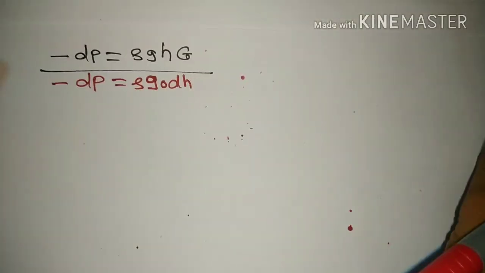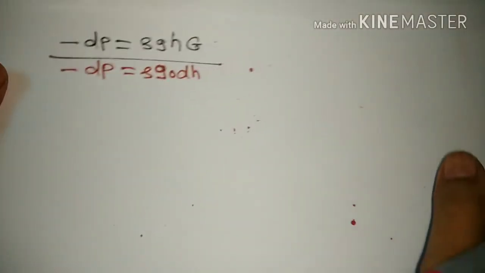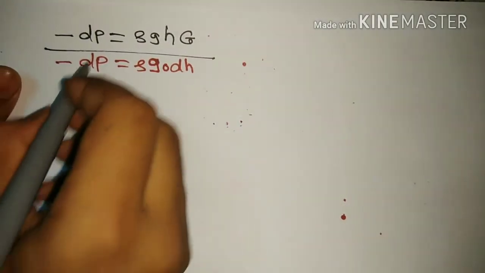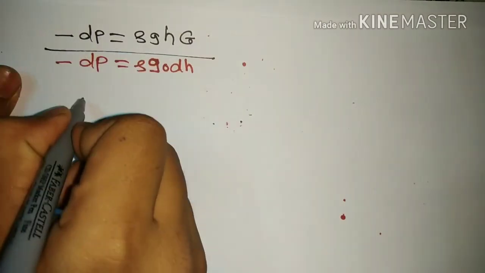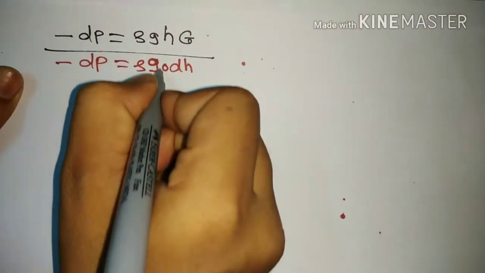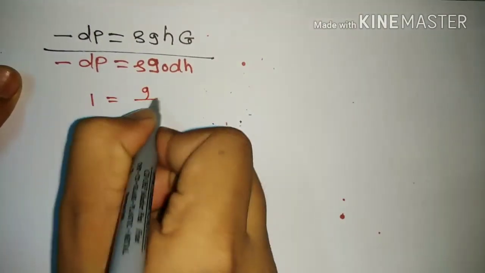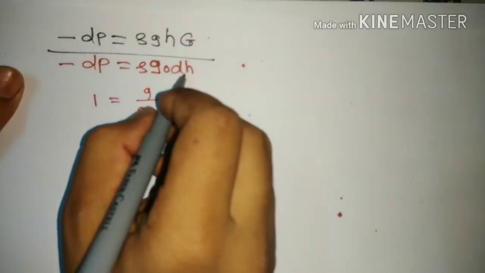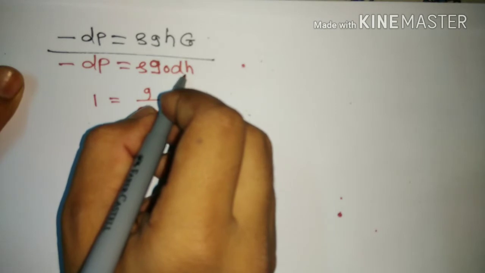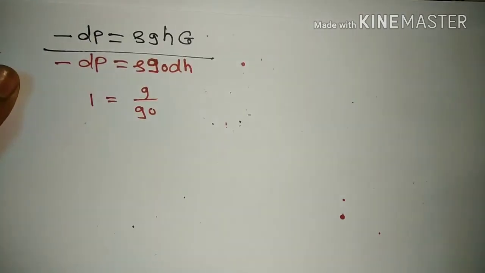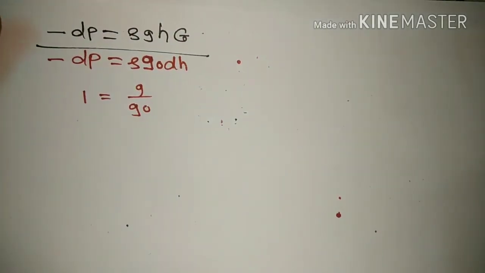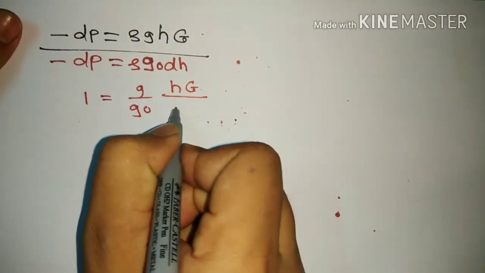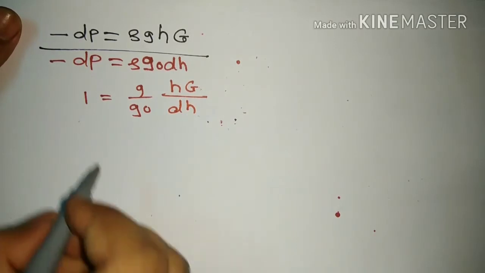Now our next procedure is dividing. This will be 1, g by g0 will cancel, and only hg and delta h remain here.